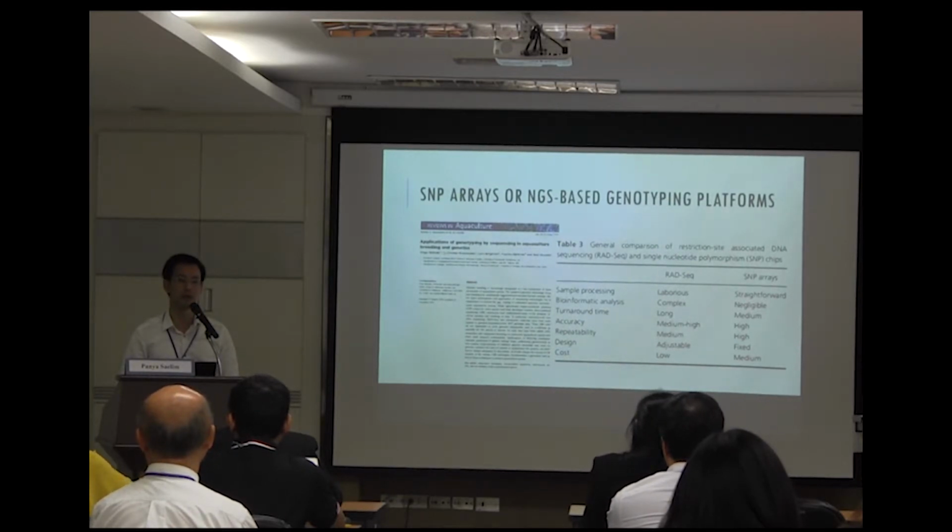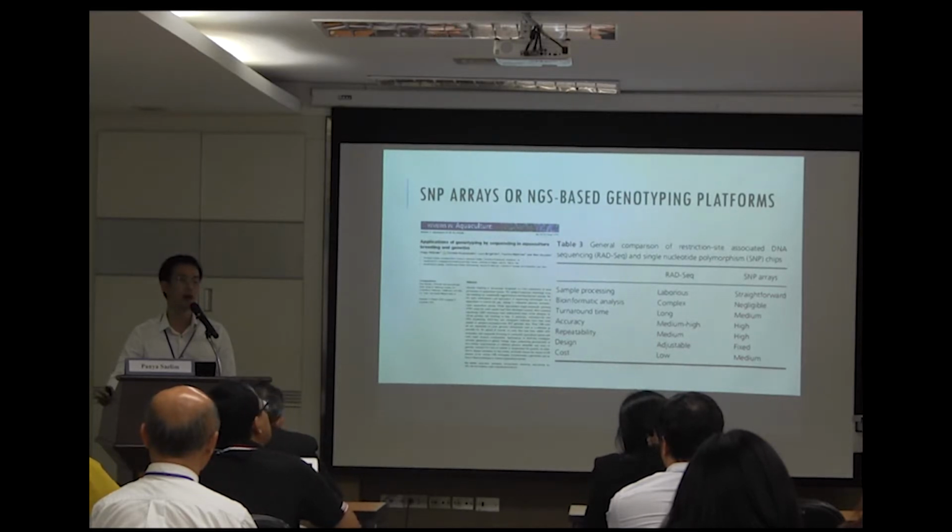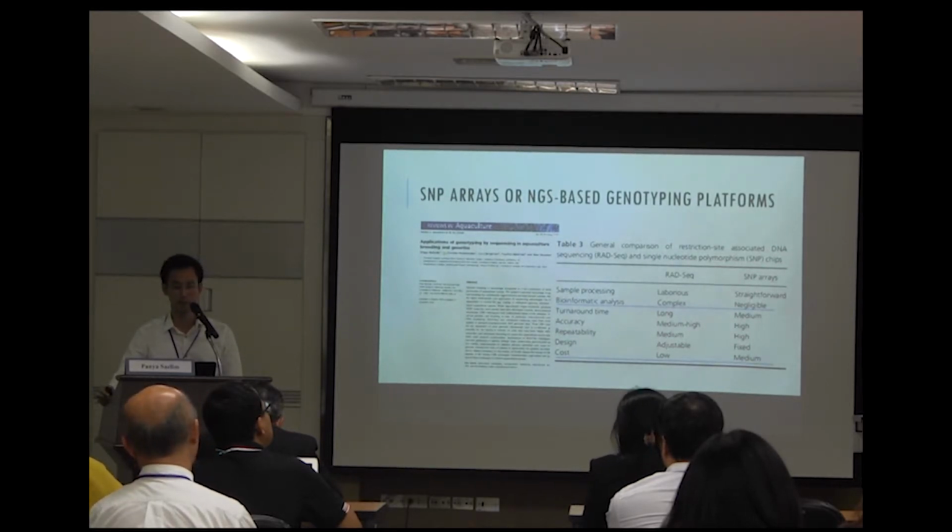Maybe you might have heard about these technologies. Some people say that GBS, genotyping by sequencing, is not the same technology as RADseq. But in this case, let's consider they are the same at the moment. RADseq is a way to get a very high density of SNP markers. Compared to the SNP array, you can also get that. But the comparison between these two technologies was published recently.